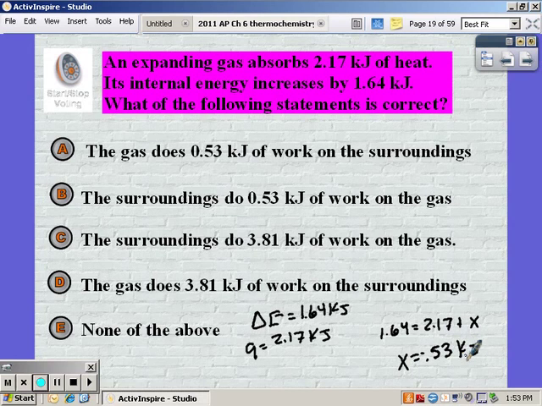Because work is negative, then that means the system must be doing work on the surroundings. So the only answer that could possibly be is A. B would be the answer if it was positive 0.53. And C and D, you just solved it algebraically incorrectly.